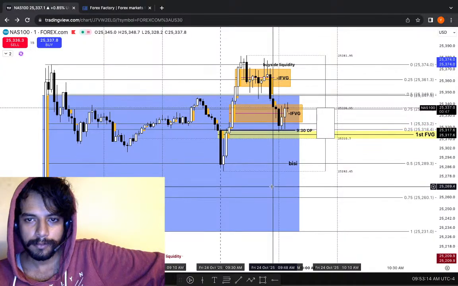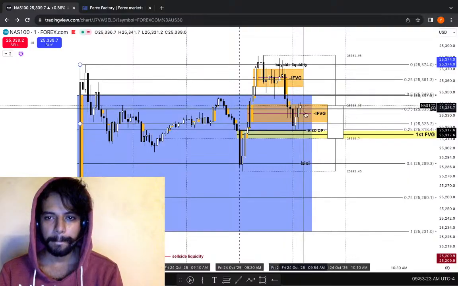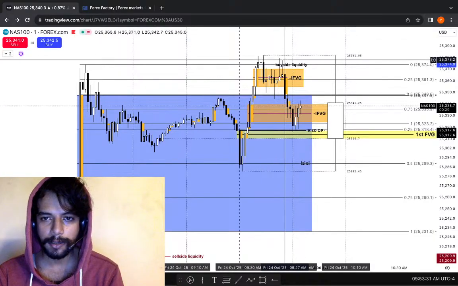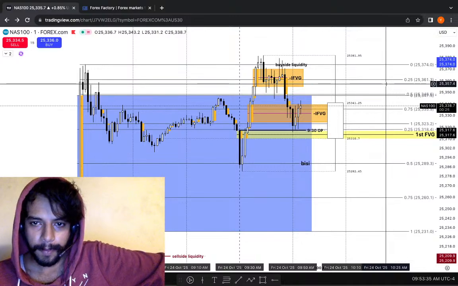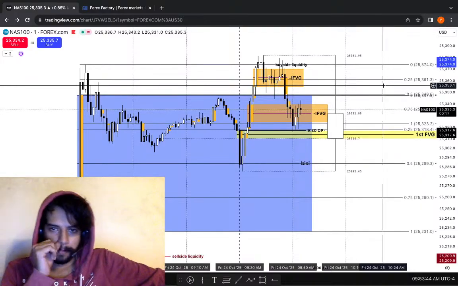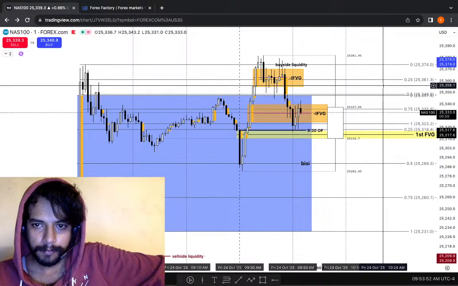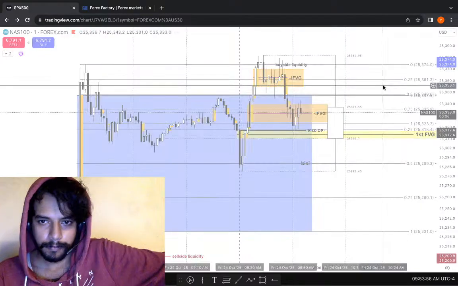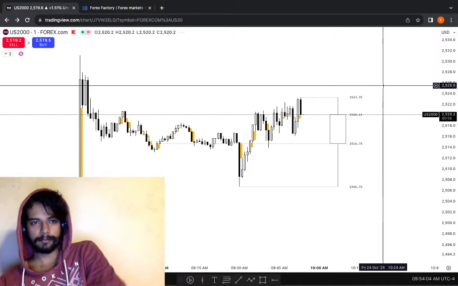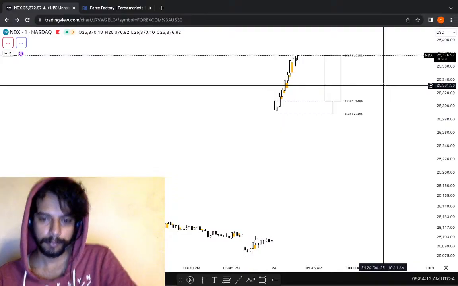I have exited the trade, but because the price is respecting this first presented fair value gap, and these are the relative equal highs. Look at that gap.